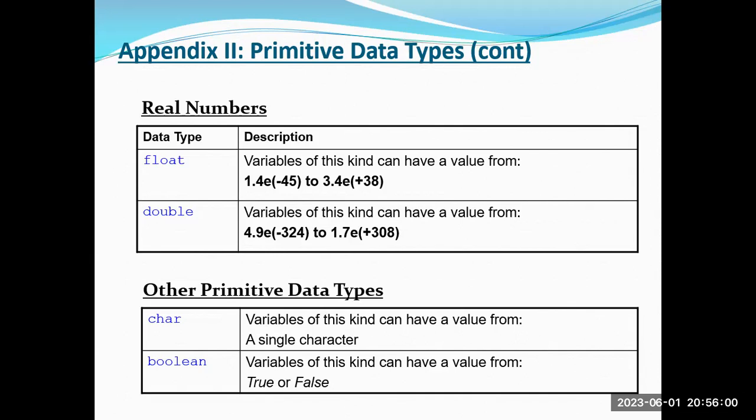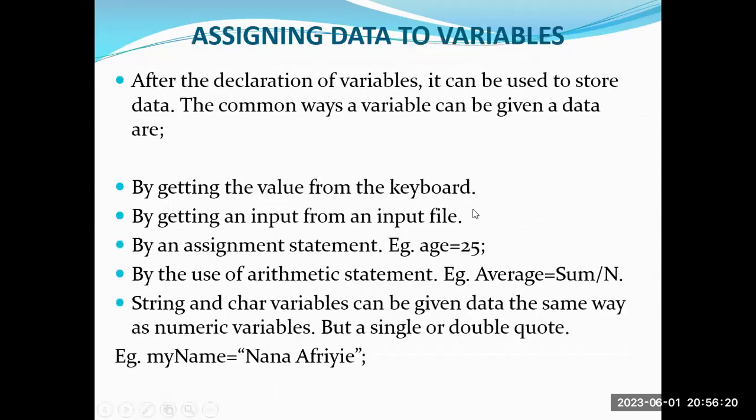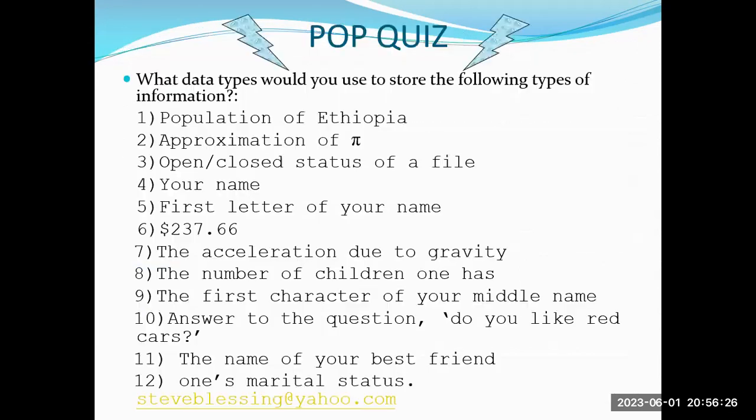Then on the positive side, 38 decimal places. Then for the double, on the negative side is 324 decimal places, and on the positive side is 308 decimal places. Does that make sense? Have I answered your question? Yes. Thank you, sir.